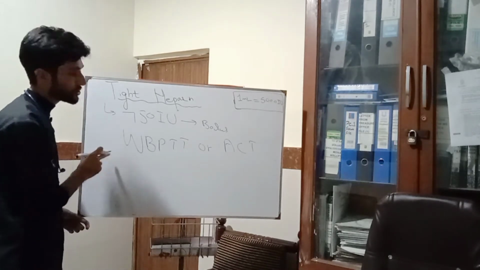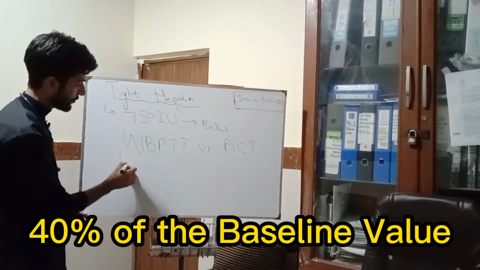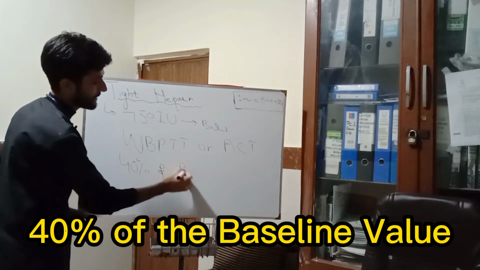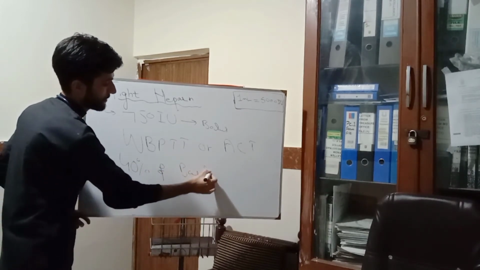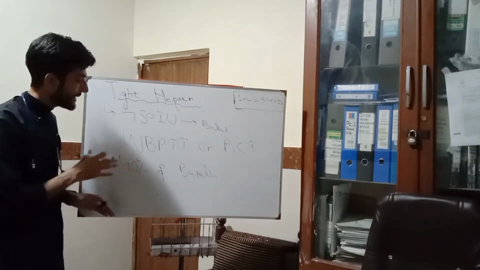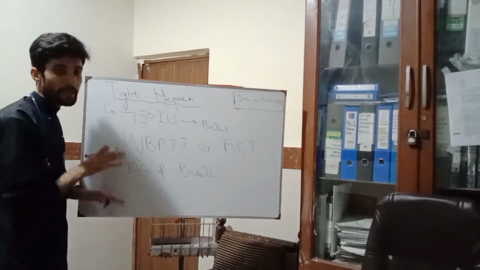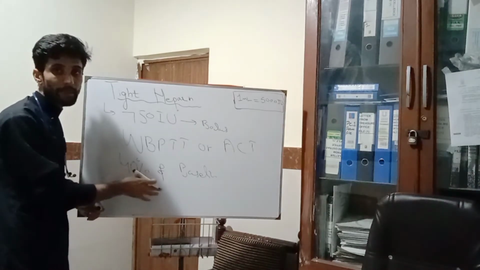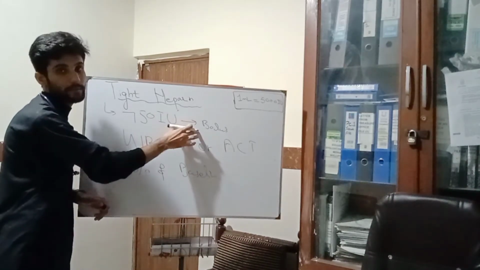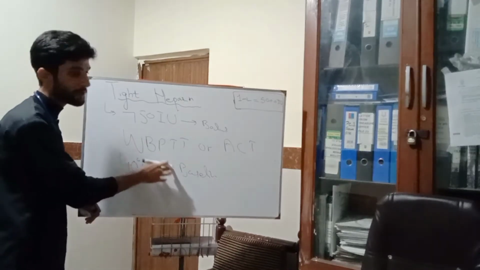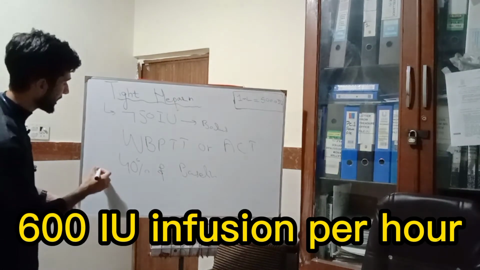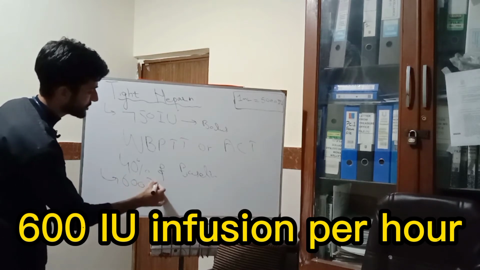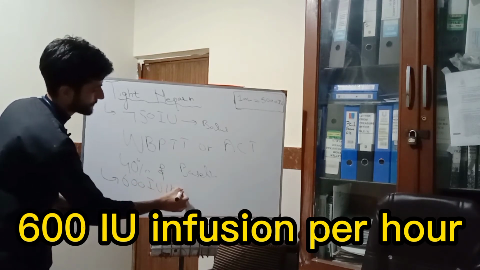These tests should be elevated 40% of baseline. If their values are elevated 40% of the baseline, then it will be alright. If they are not elevated 40% of the baseline, you have to repeat the bolus. If they are more than 40%, then you have to give a continuous infusion of 600 international units per hour.